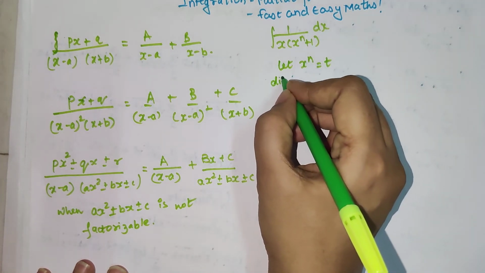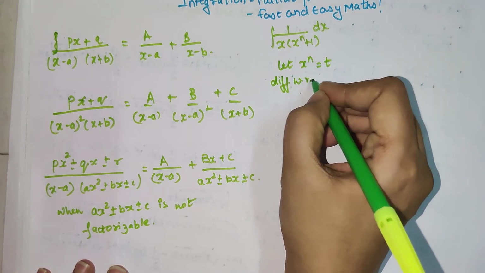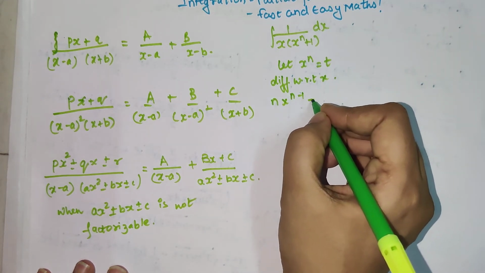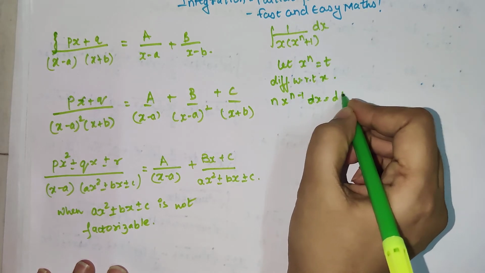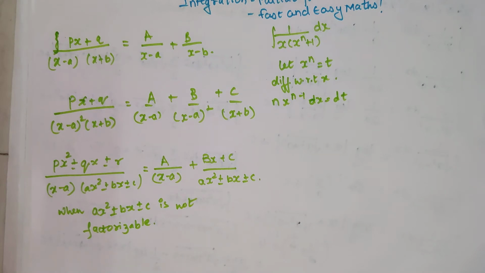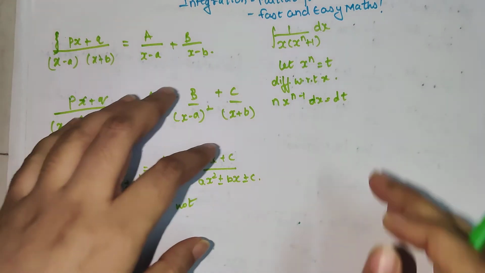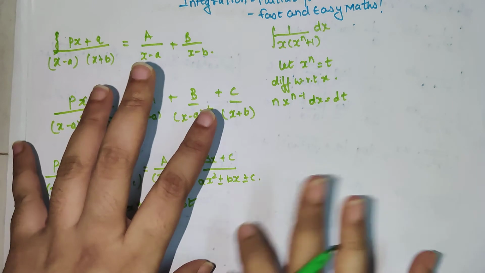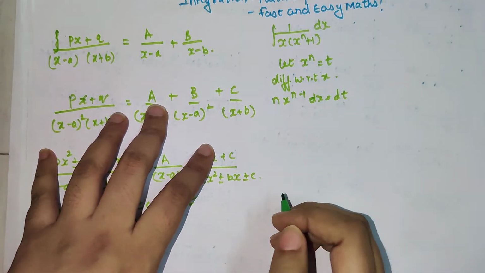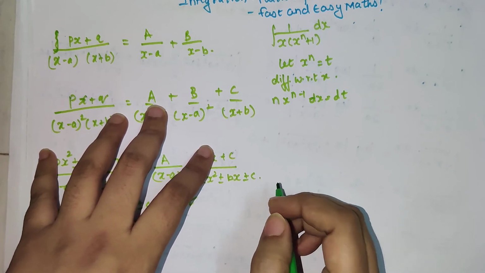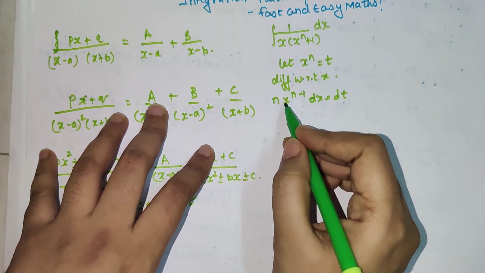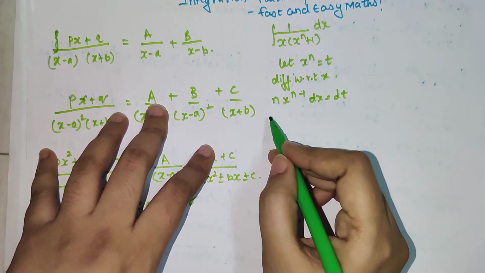Then differentiating with respect to x, we get n x raised to n minus 1 dx is equal to dt. Now students, here if you look, your dx should cover some part of your question, that is your ideal scenario. So let's multiply and divide the right hand side by x.